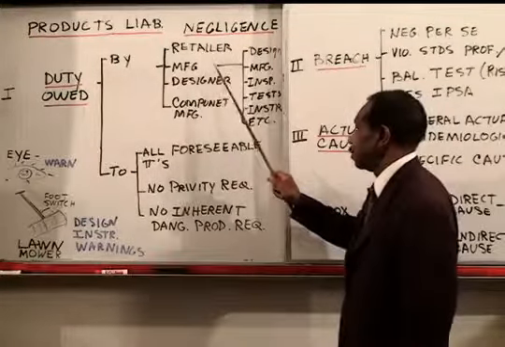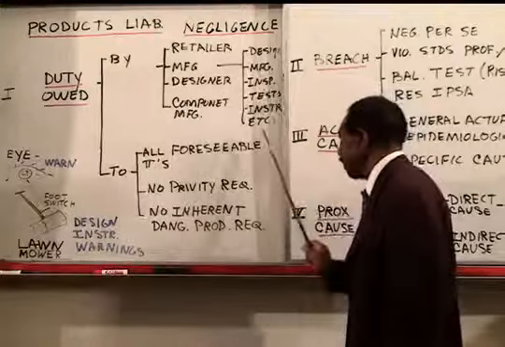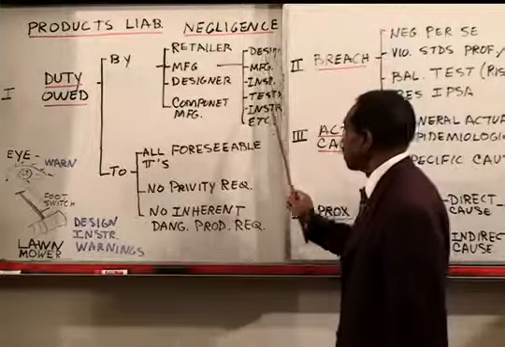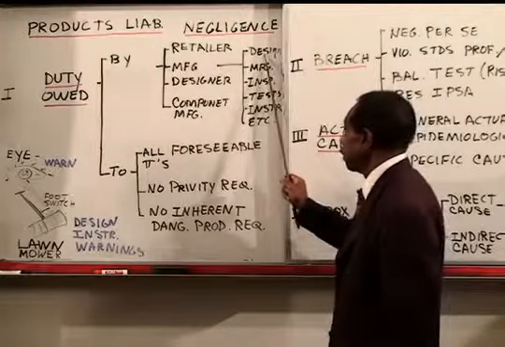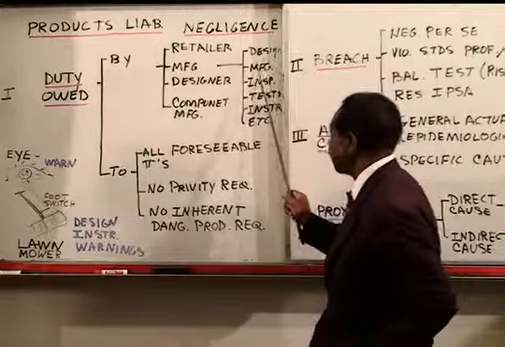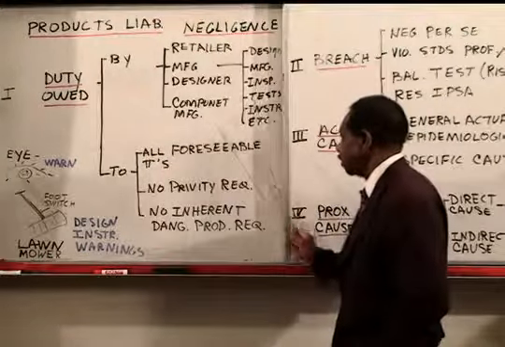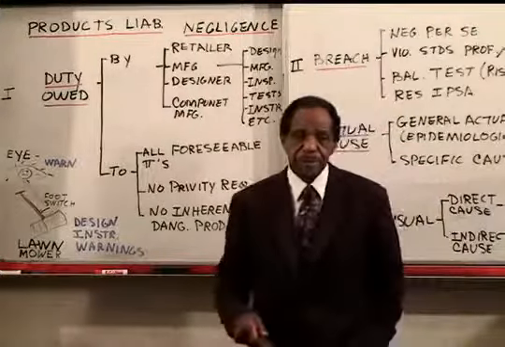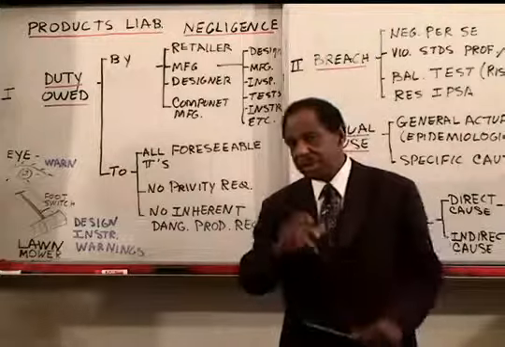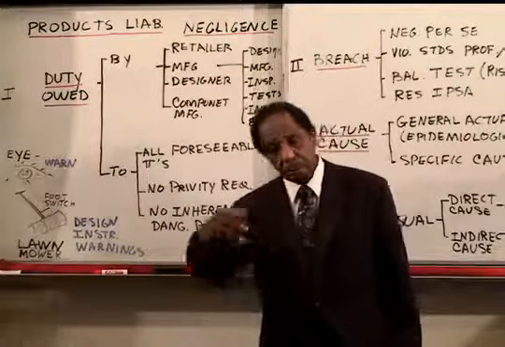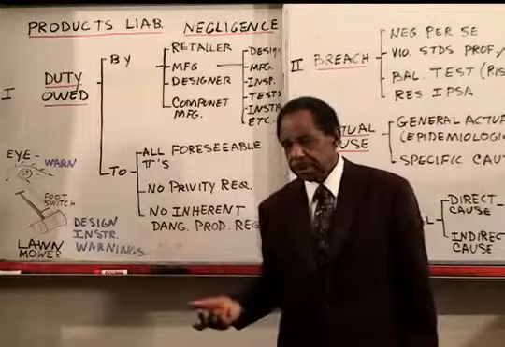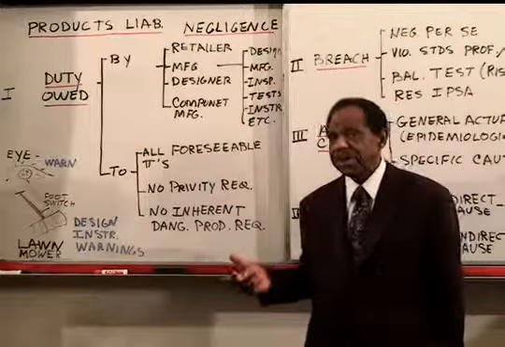Manufacturer can be negligent. Manufacturer can be negligent in any of the activities that the manufacturer is engaged in. These are some of the typical activities. The manufacturers design, they manufacture, they inspect, they test, they ship, they instruct, they warn. In any of those areas, in everything the manufacturer does, they owe a duty of due care to the foreseeable plaintiff.